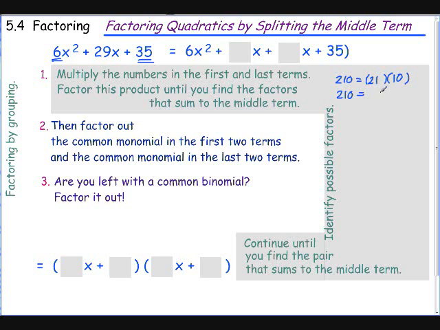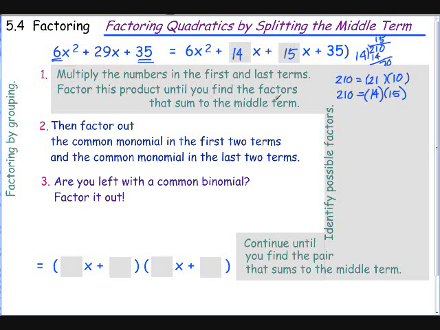I'm stuck on 7. I can't use 7. How about 14? Would 14 go evenly into 210? It'll go in once, right? Oh my goodness! Yes, 14 and 15. So we could say 14 and 15.